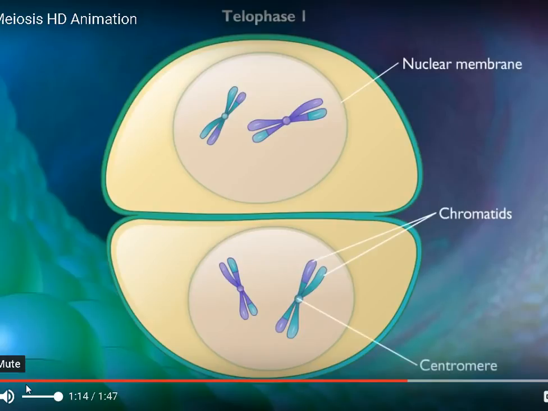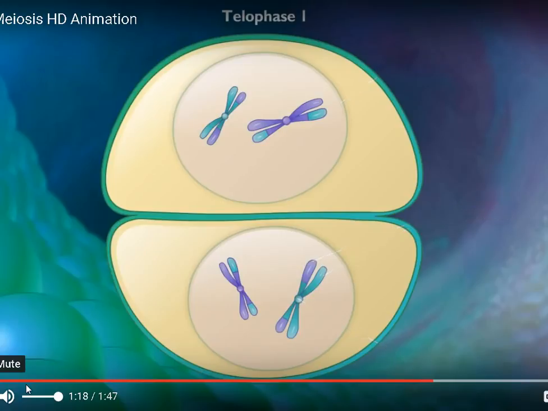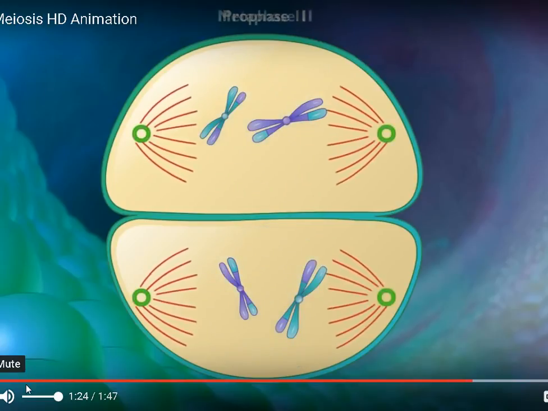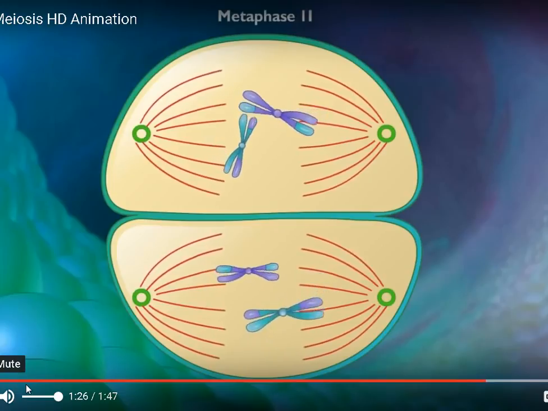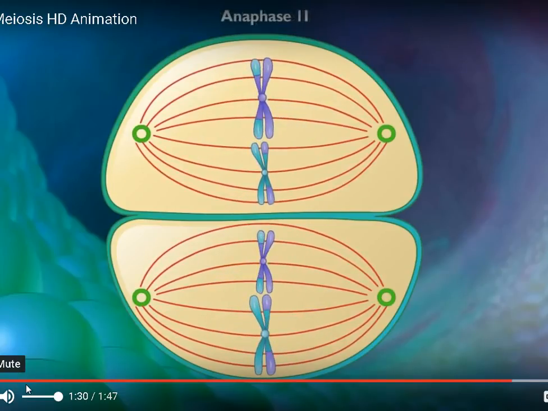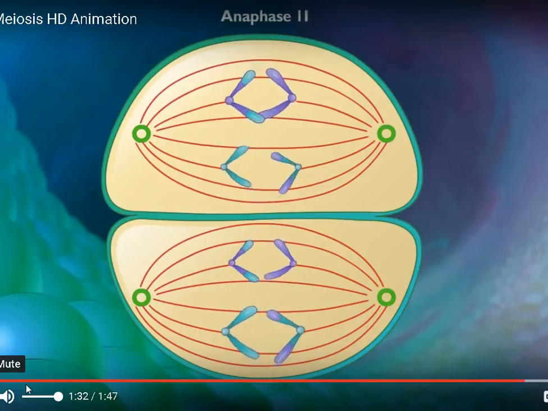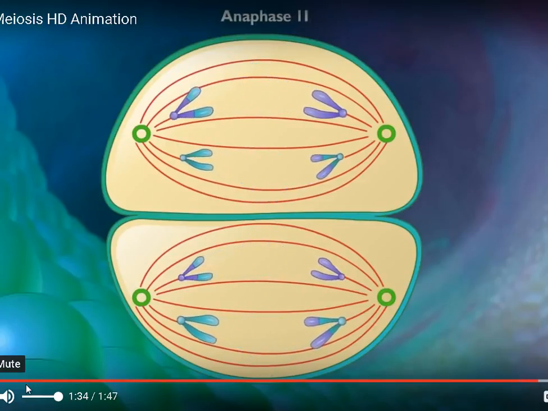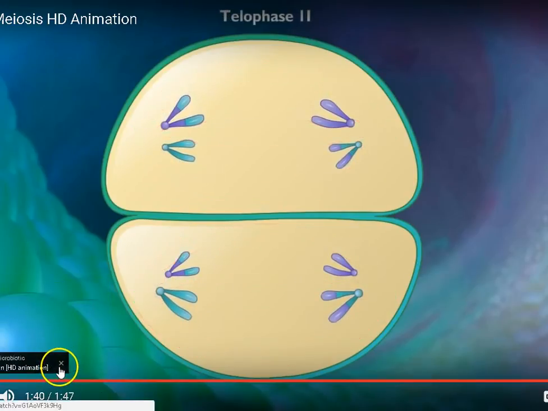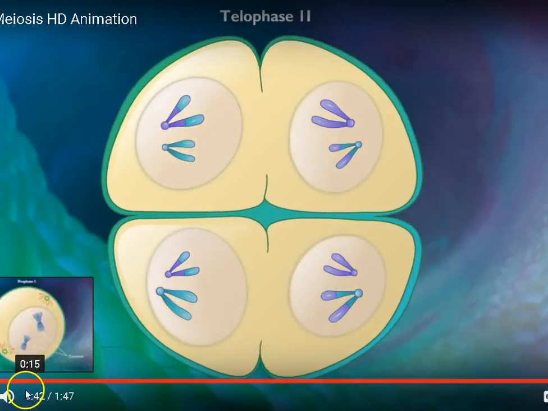Because of crossing over, the two sister chromatids are not identical. During prophase 2, the nuclear envelope breaks down and a new spindle forms. In metaphase 2, spindle fibers bind to both sides of the centromeres. During anaphase 2, the spindle fibers contract and the sister chromatids move toward opposite poles. In telophase 2, nuclear envelopes reform around the sets of daughter chromosomes.